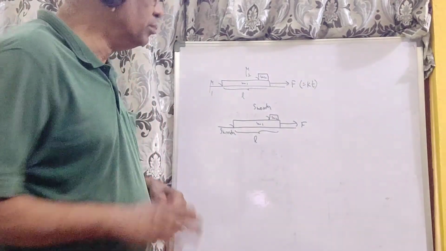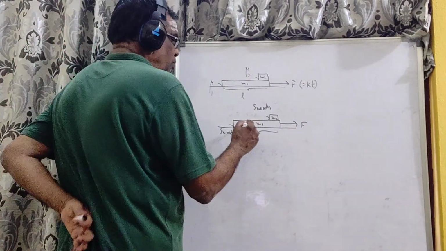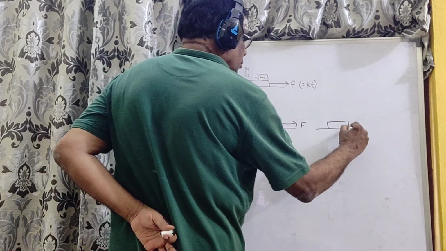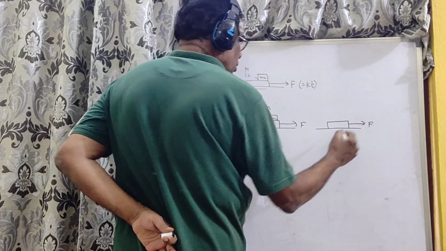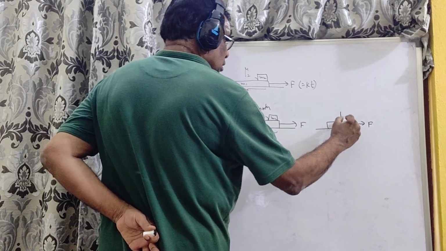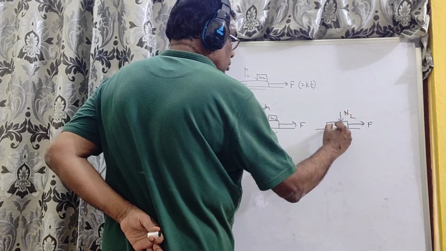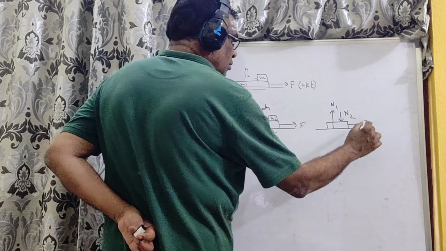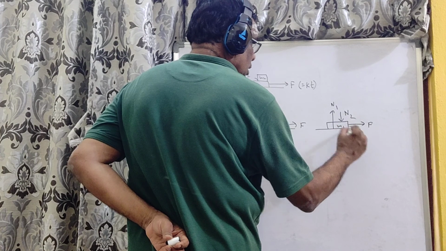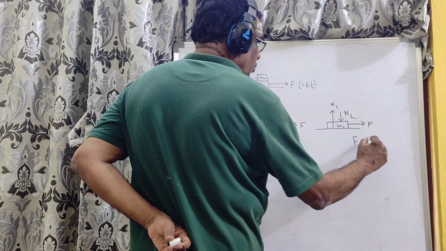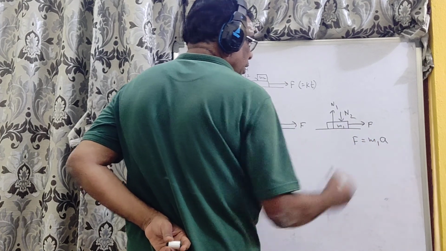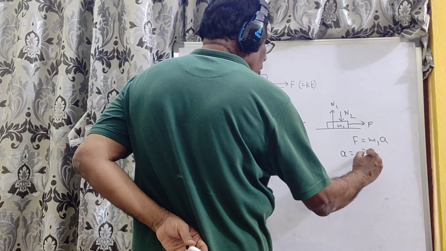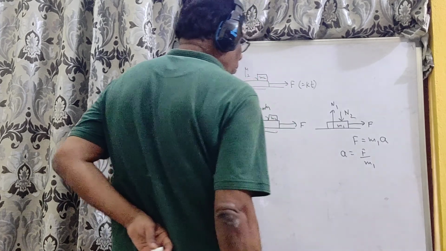Now, what do we do for that? I'll tell you. If you draw the FBD for this, there is F, and 2 and 1, no friction anywhere. This is M1, F is equal to M1A, or A is equal to F by M1.